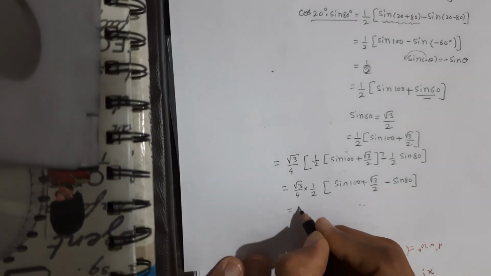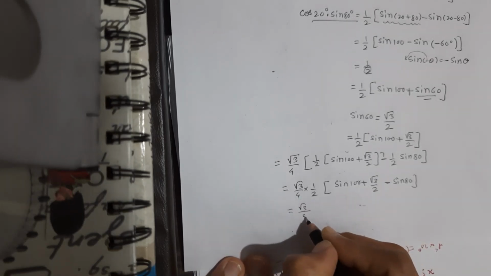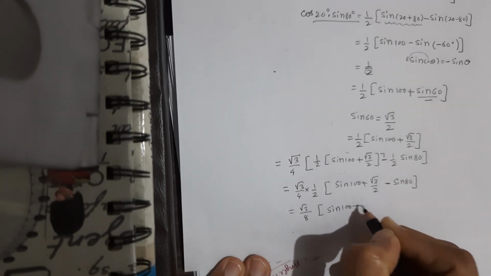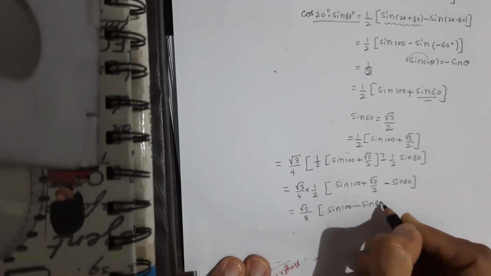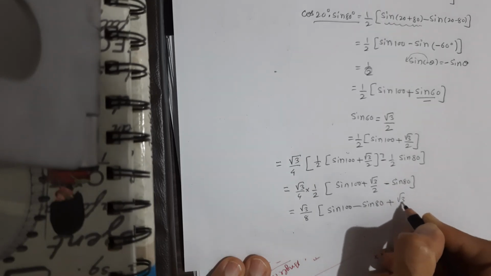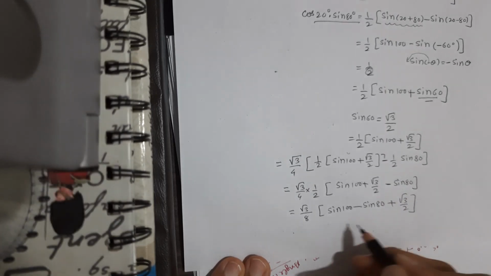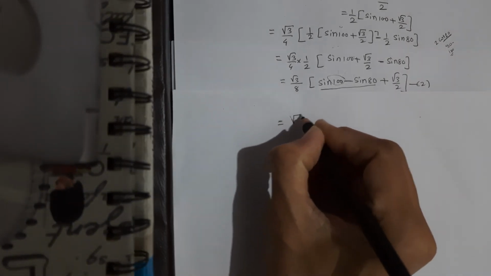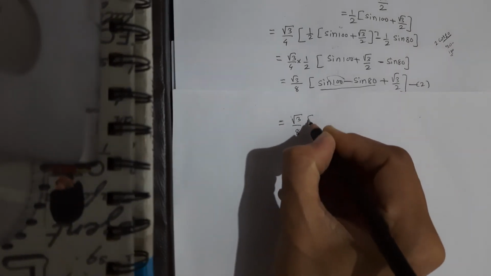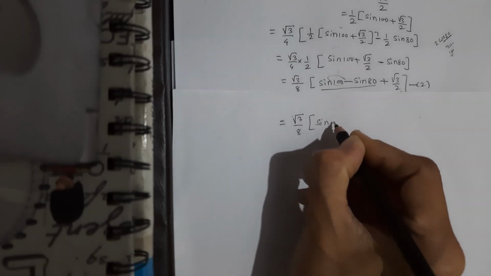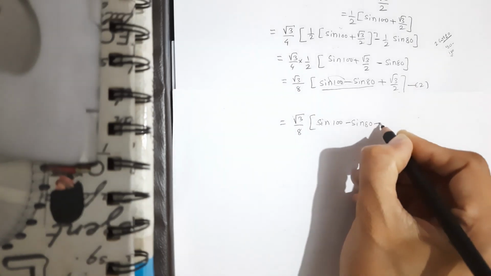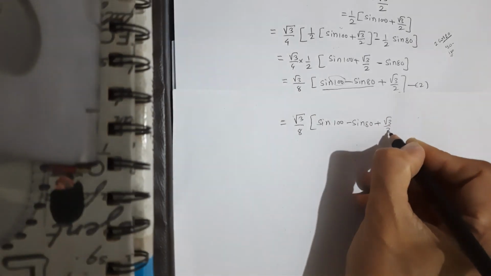So root 3 by 8 into sin 100 minus sin 80 plus root 3 by 2.